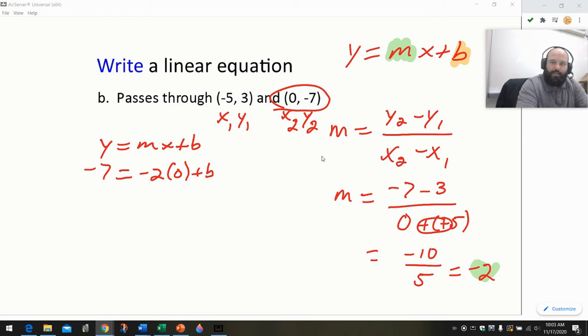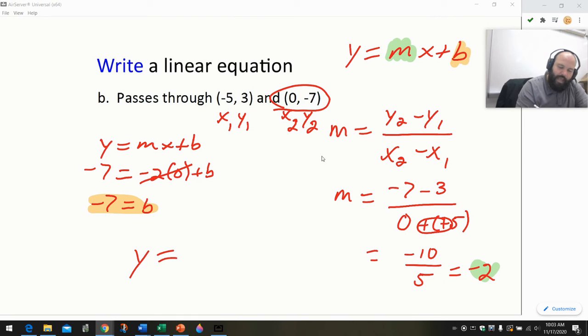Now, looking at this equation that we need to solve for b, you can see -2 times 0 is 0. That goes away, and we're left with -7 equals b. So that right there is the other piece of information that we needed in order to write our equation. We needed m and we needed b, and now we found both of those. So we can then proceed to write our equation.